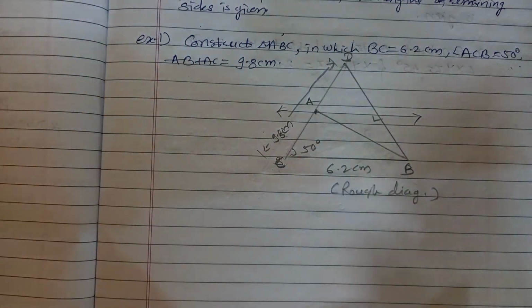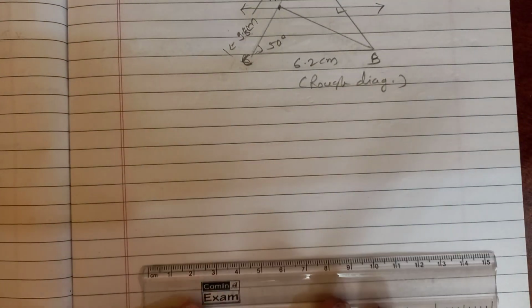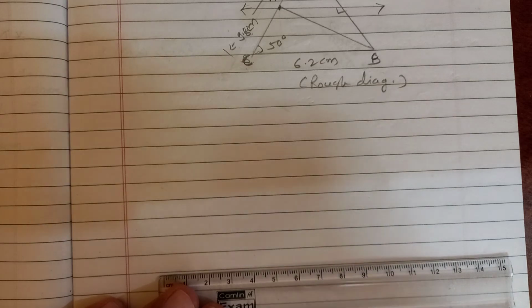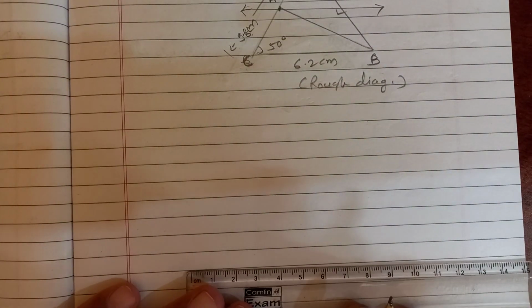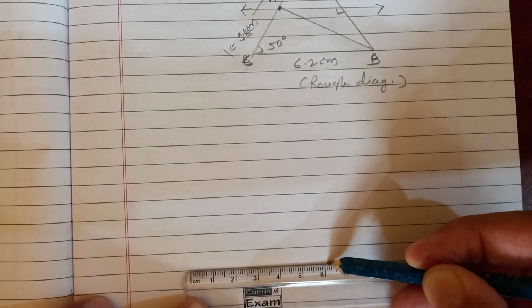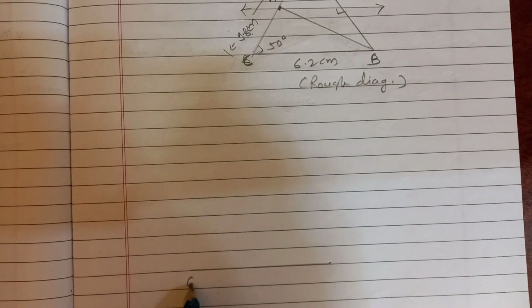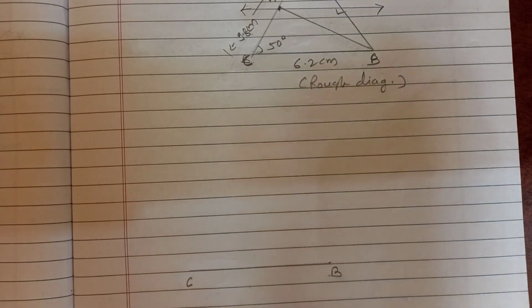What is the length of the base? 6.2 centimeter. Using the scale, we will draw one segment from 1 to 6.2, that means 6 centimeter and 2 millimeter. Remove the scale. Name this C, and this is B.